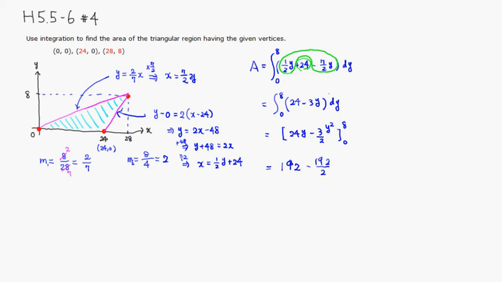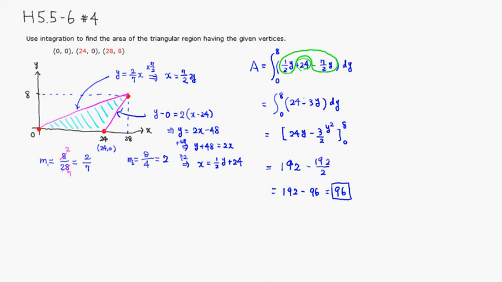So this is going to be simply 192 minus 96, which is 96. So the area of this triangular region is 96.